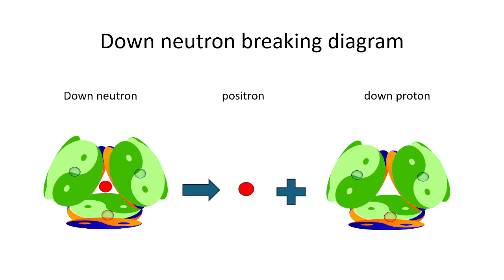Each quark has an electric charge. Down quark has electron and up quark has position. And the center of the neutron can locate a position, and this position can escape.